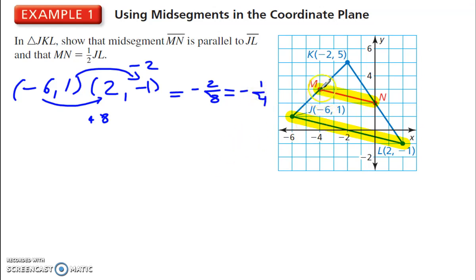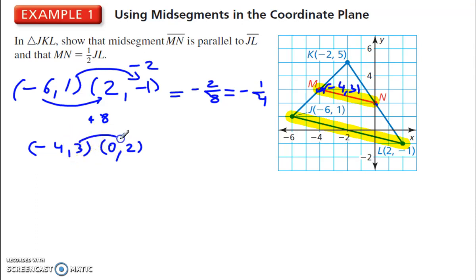Then here, M looks to be at -4, 3, and N is at 0, 2.